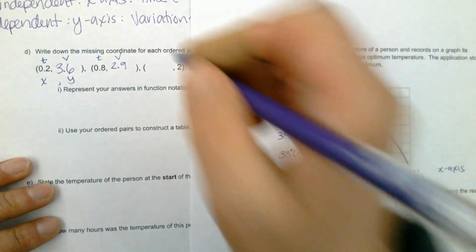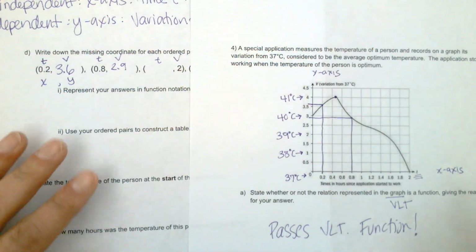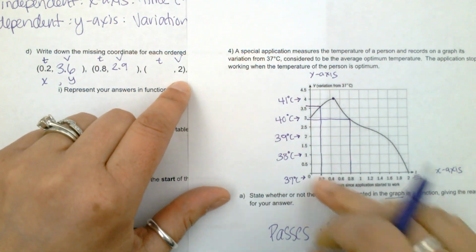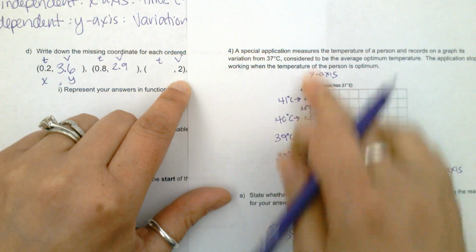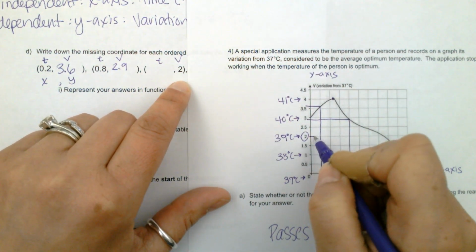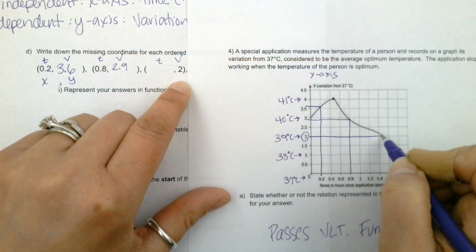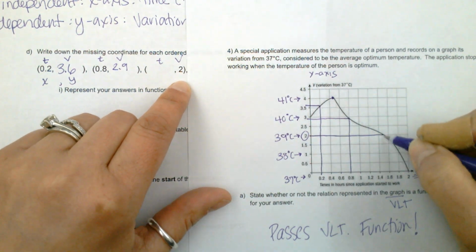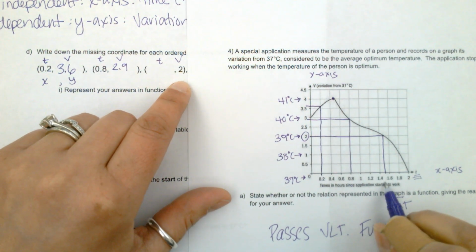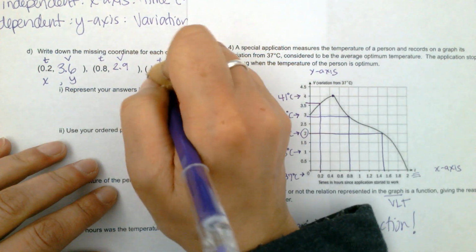Next, okay, T, V. What do they give us here? They give us our V. So now we have to go on our y-axis. So now we go to 2. Here's our 2 on our V. We go all the way over till we hit our graph. Then we go all the way down and we find it's about 1.5. It's between 1.4 and 1.6. So 1.5.